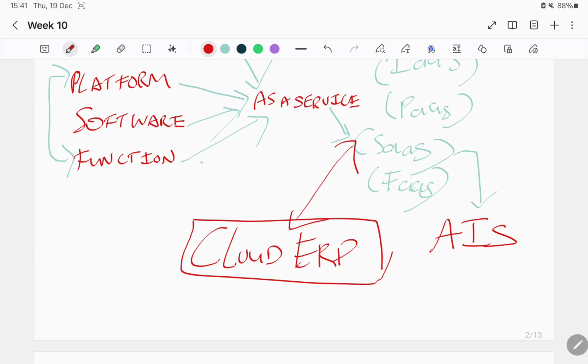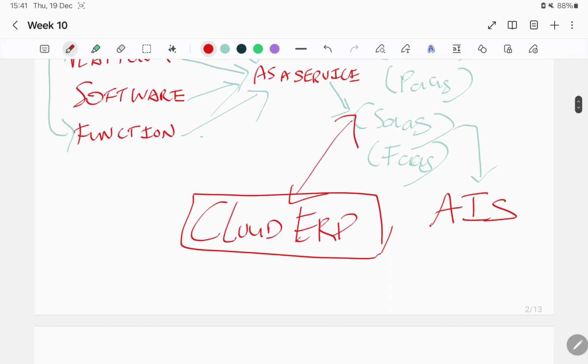Are you all with me? So hopefully now we understand what cloud ERP is all about. It means that you can access the system through the browser. That's it.